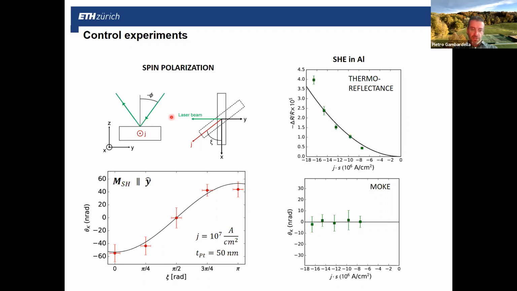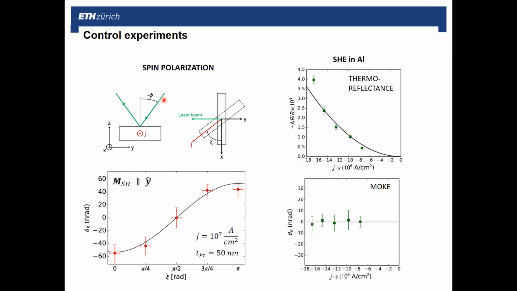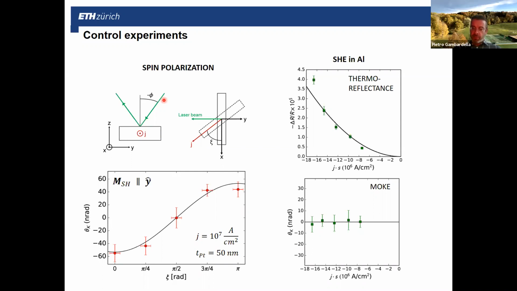We also inverted the laser path, and that essentially switches the sign of the signal, which is also a good sign in terms of MOKE. You have to be careful about all these effects, in particular because the current densities required are relatively high. The changes of temperature range from 1 Kelvin to 50 Kelvin, depending on the current density.